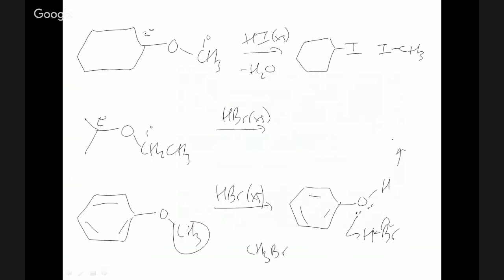So you'd end up with a dissociated form of what's called a phenol. Right, the Br minus is not going to attack this sp2 hybridized carbon. So that's reactions of ethers with strong acids.